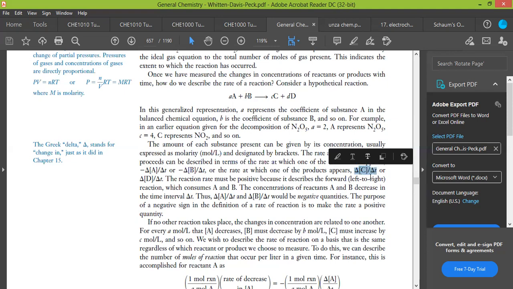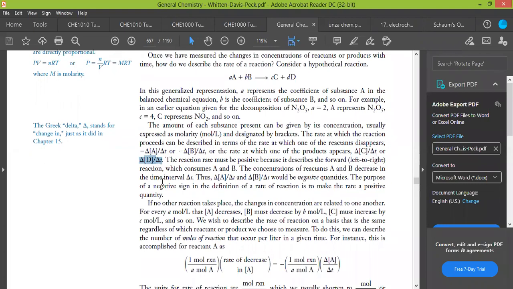So this is the rate of change with respect to C, or change in D over change in time. So this is positive because these are being produced in solution. Okay. So every time you measure this, this is what is going to happen.